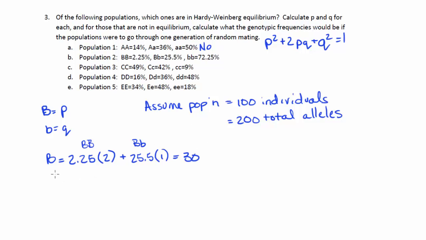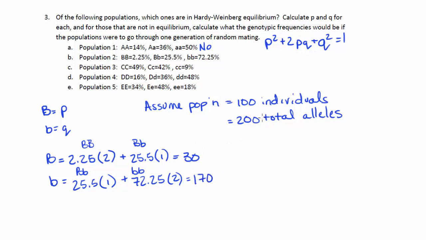If we do the same thing with little b, you've got the heterozygous ones, 25.5 of them, and they have 1 copy each. Plus we have the little b guys, and there is 72.25 individuals that have 2 alleles each. So if we add up what that comes out to be, we get 170.